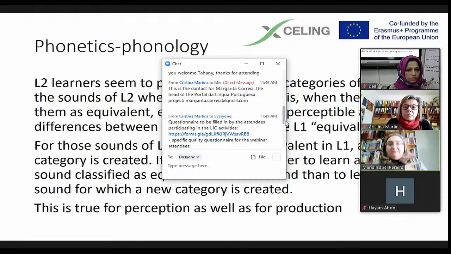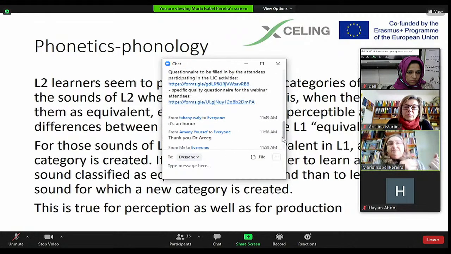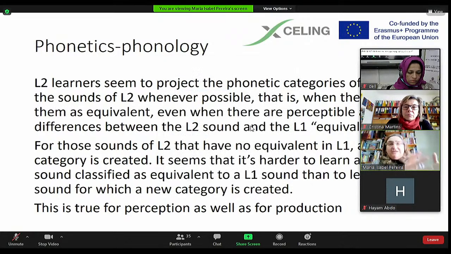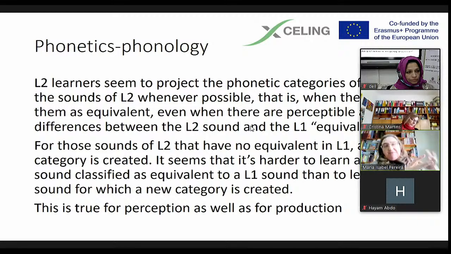And the very same interdental sounds of English produced by French people as a fricative, an alveolar fricative or a dental fricative, which is quite common in native speakers of those languages. And well, this is true for perception as well as for production.